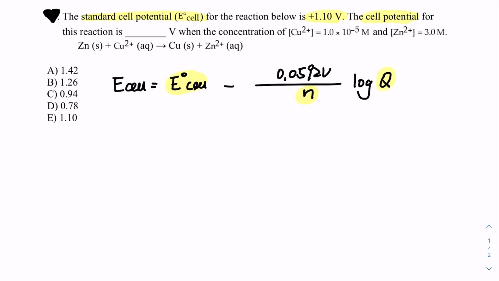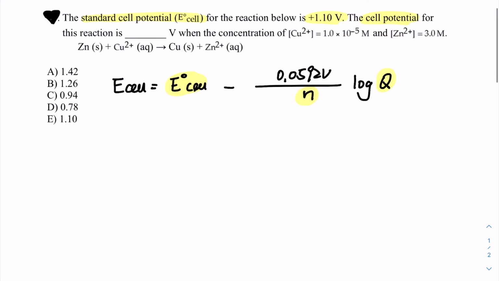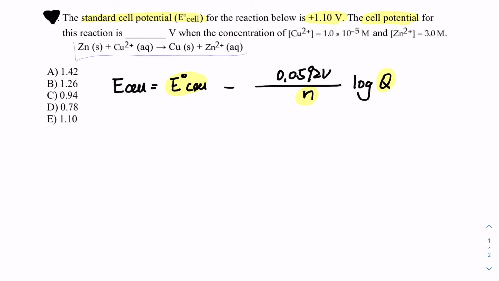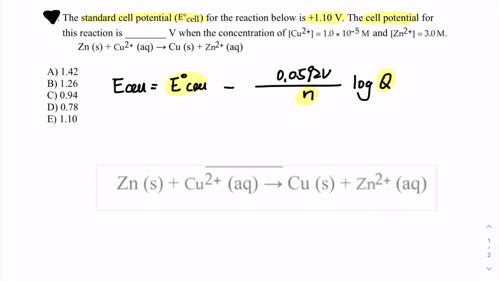So let's look at what the number of moles of electrons is going to be. I don't really see it, because we have the overall reaction, but when we check oxidation numbers, that's going to help us figure out that information. So let me copy this equation and assign oxidation numbers. This is a very easy equation: 0 to positive 2, positive 2 to 0.